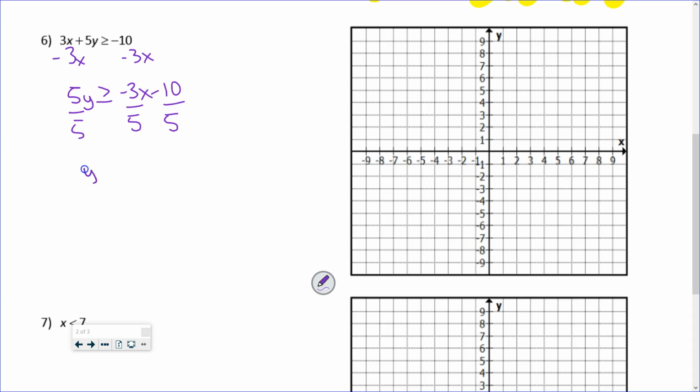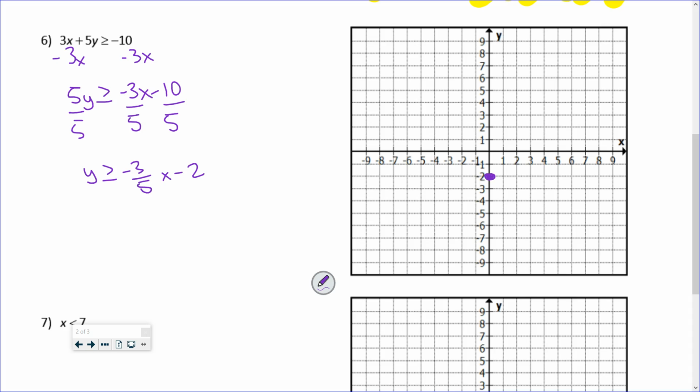So we end up with y is greater than or equal to negative 3 over 5x. And then what is negative 10 divided by 5? Negative 2. So where am I going to start my graph? Where this negative 2? Yes, good.